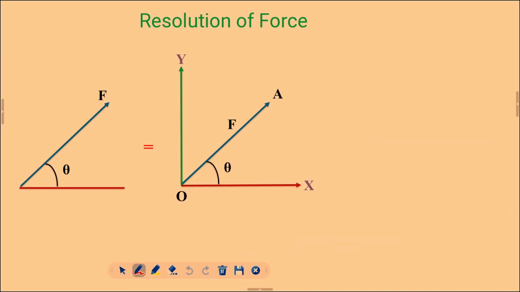As usual, my force F is inclined at theta with respect to the horizontal axis. I have denoted this point A. In order to resolve this force, I draw parallel lines from A, one vertical and one horizontal. So AB will be parallel to OY and CA parallel to OX.